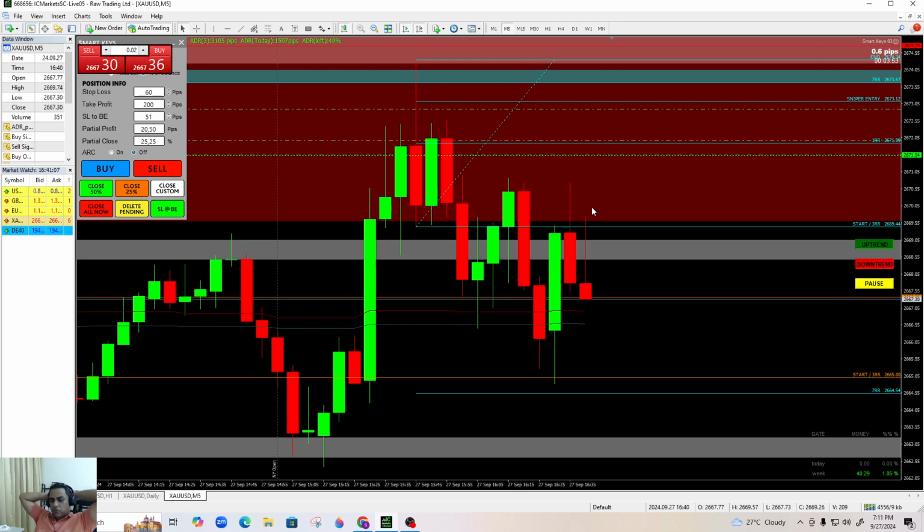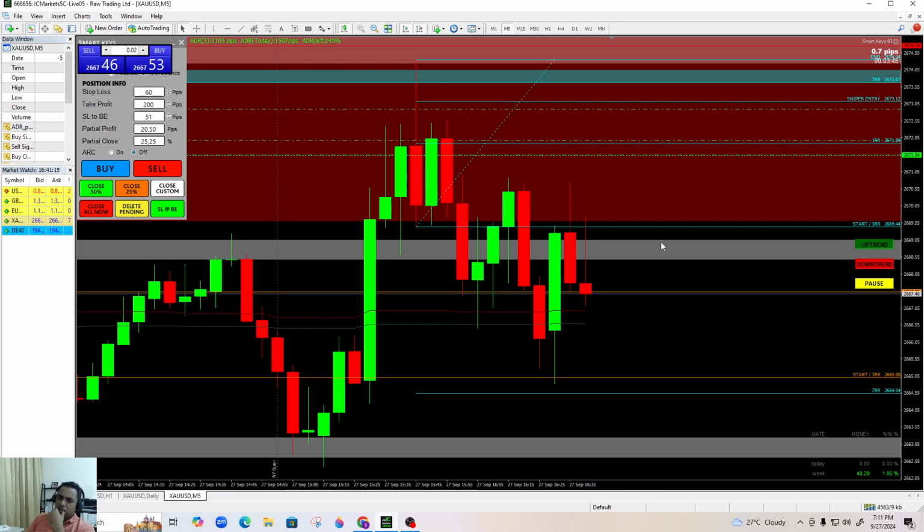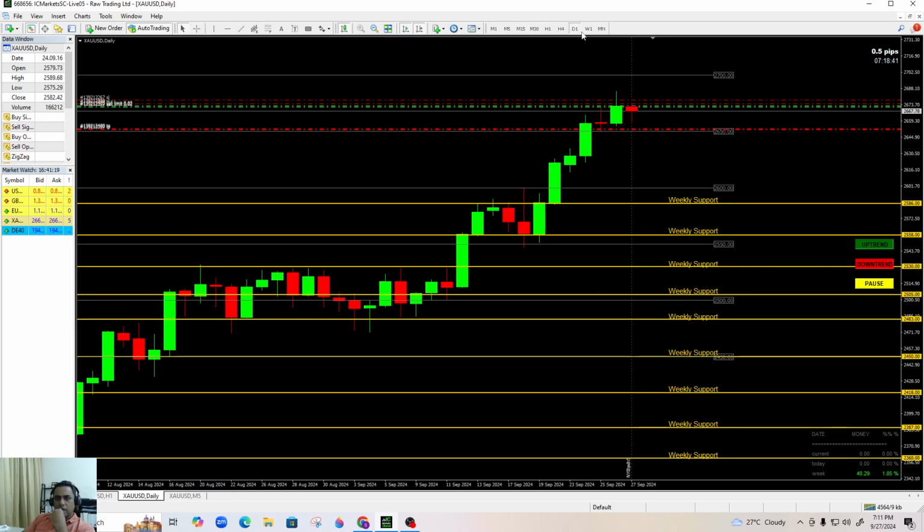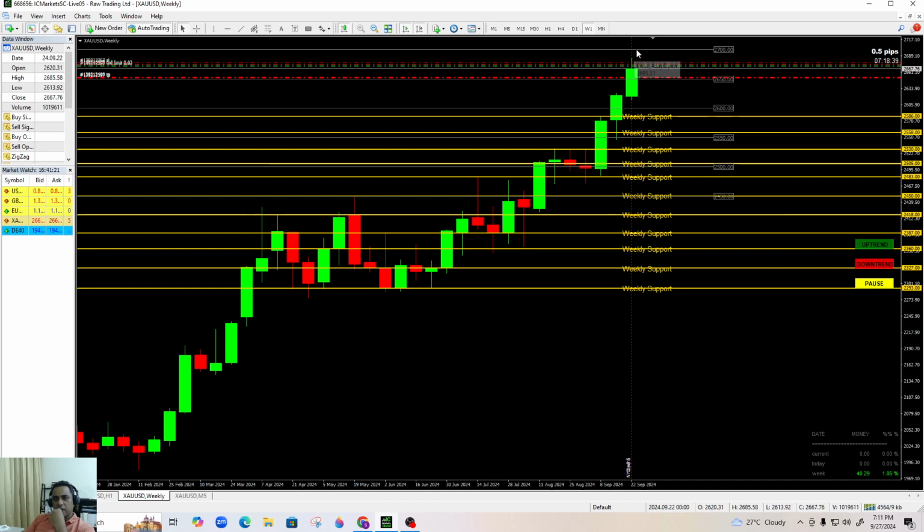This is also almost the close of the monthly candle, because next Monday is the last day, but this is the end of the week, so it's the end of the weekly candle. The weekly candle is very likely going to close bullish. We've got about 7 hours left for the candle to close, so anything can happen in 7 hours, absolutely anything.